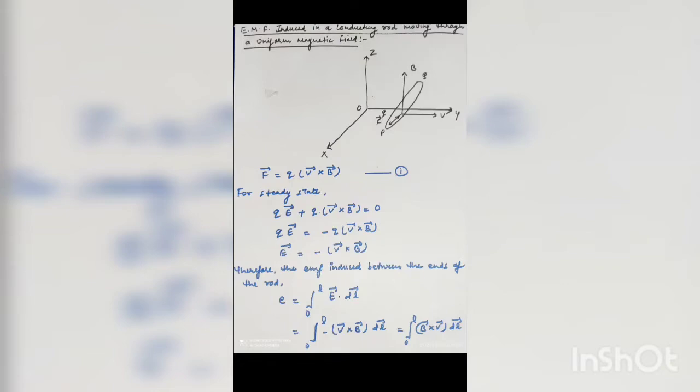The rod is conducting. It contains charged particles. These charges also move with the rod with velocity v.